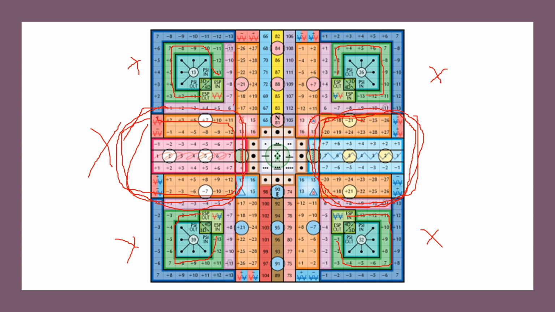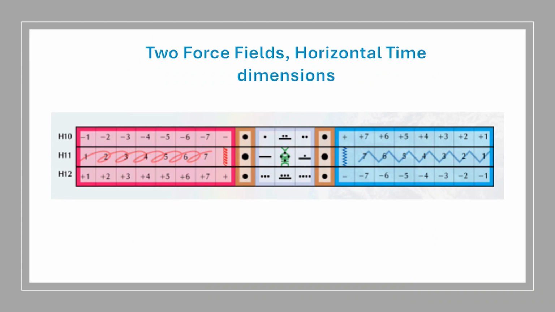The sixth time dimension, sixth mental sphere, also regulates the magnitude of ESP in each of the four outer time dimensions and mental spheres. Here is the picture of the two force fields for the fifth time dimension, fifth mental sphere, and for the sixth time dimension, sixth mental sphere.